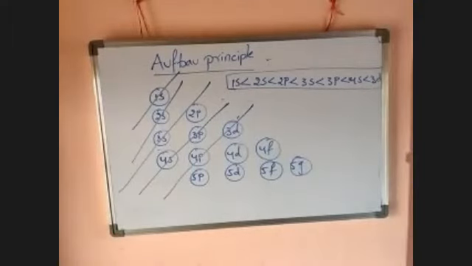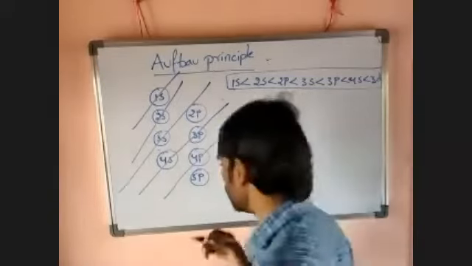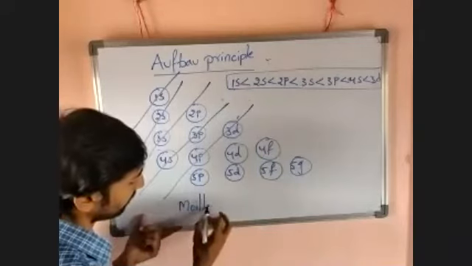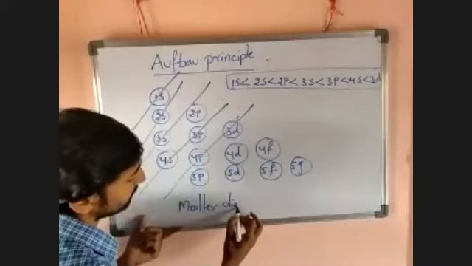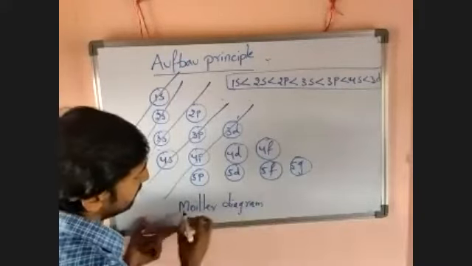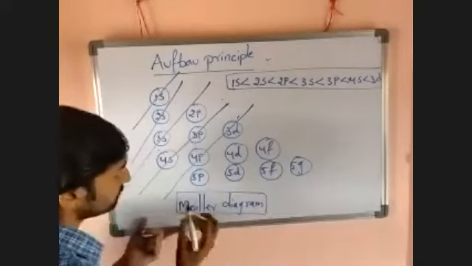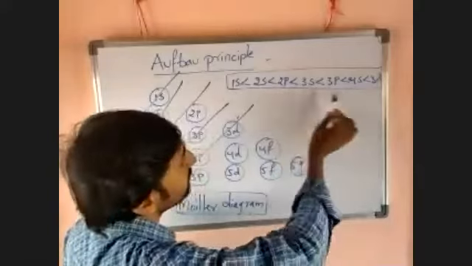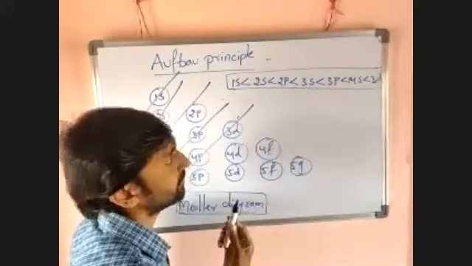Now, on what basis is it constructed? This diagram is called the Aufbau diagram, which shows the increasing order of energy of orbitals.